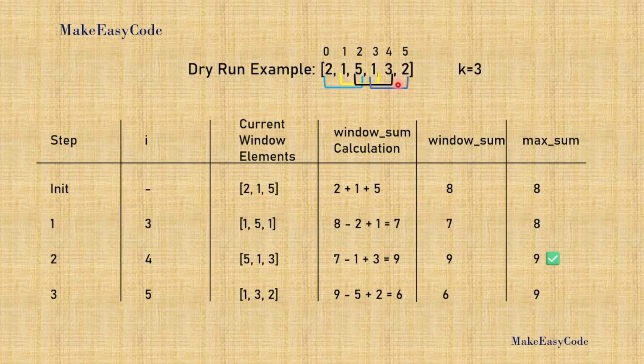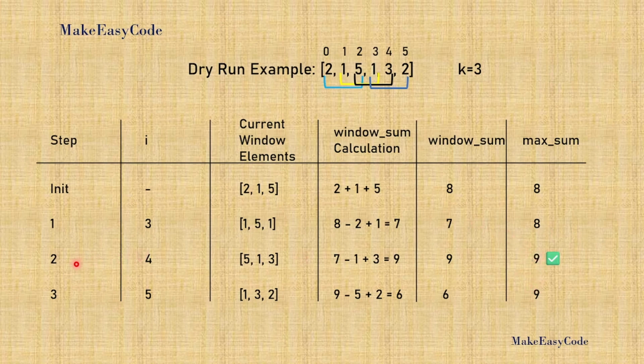The calculation is window sum minus index 1, that is 1, and plus index 4, that is 3. So the window sum becomes 9, and till now 9 is the max sum in this array, so it is updated with 9.